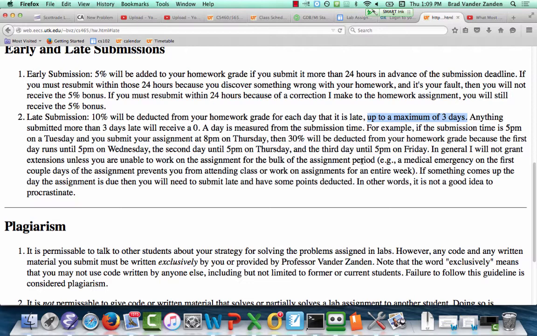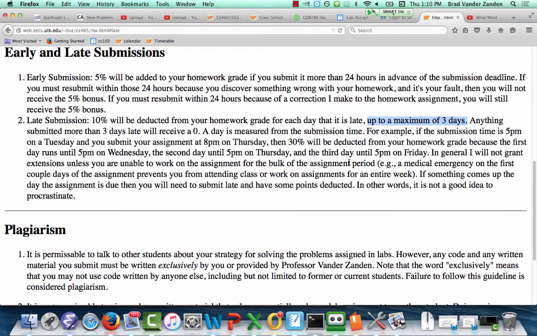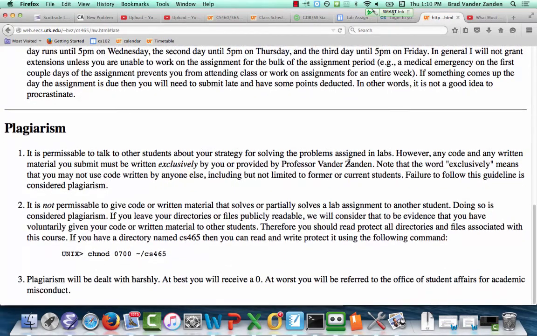There's a couple homework assignments where I need to be able to put the solutions up immediately because of exams, and those you will not be allowed to submit late, but they're clearly identified on the syllabus. Okay. Also on the homework assignments, it's fine to talk with your friends about your general strategy for solving the problem, but it's not okay to copy their solution.